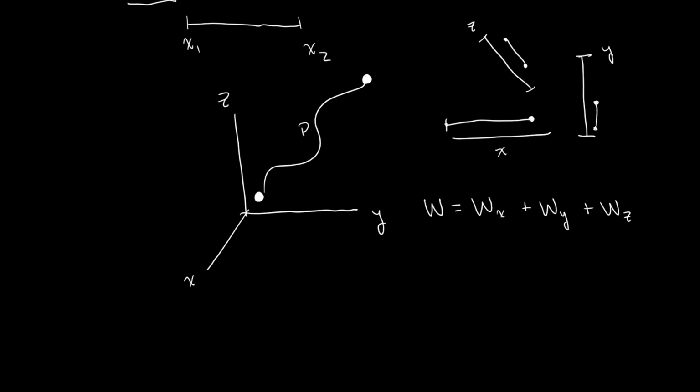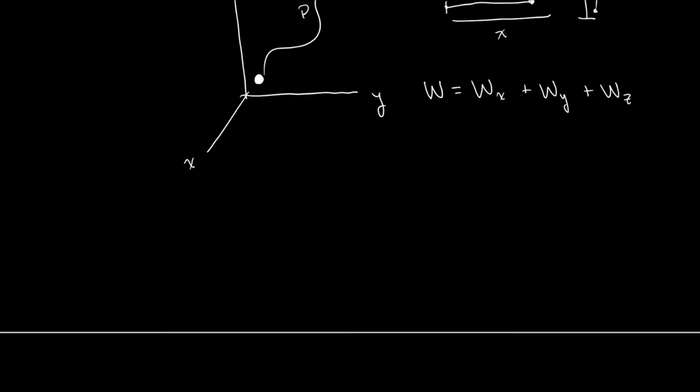Now, since my force is a vector, I know that it has some piece in the x direction, some piece in the y direction, some piece in the z direction. So I might write that as my force is equal to F sub x, x hat, plus F sub y, y hat, plus F sub z, z hat.